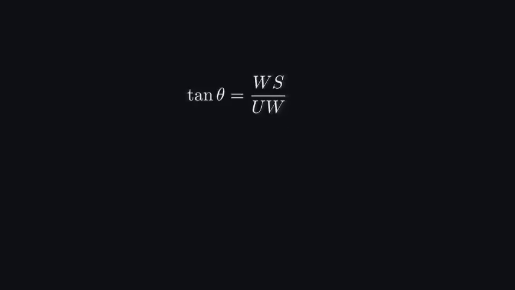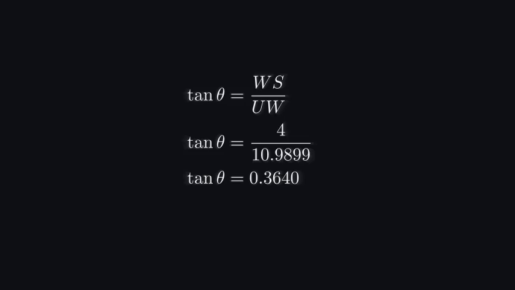Tan of theta equals WS over UW. Tan of theta equals 4 over 10.9899. Tan of theta equals 0.3640.